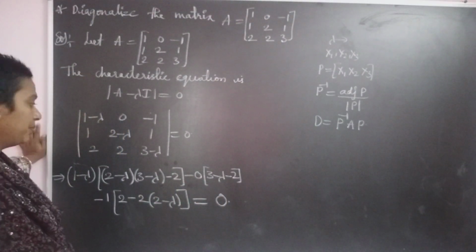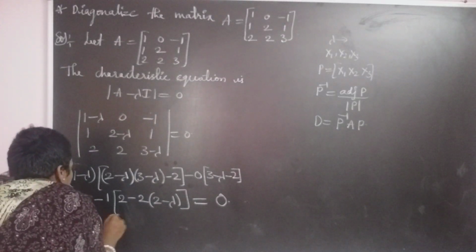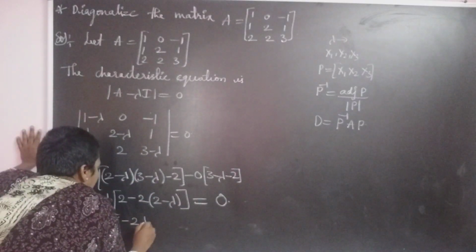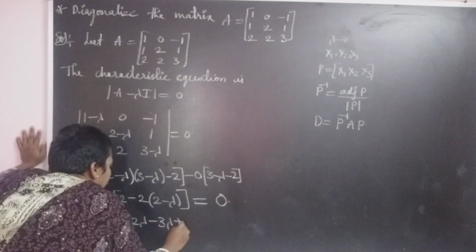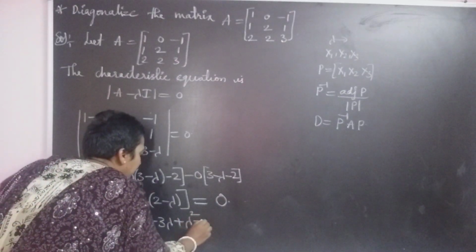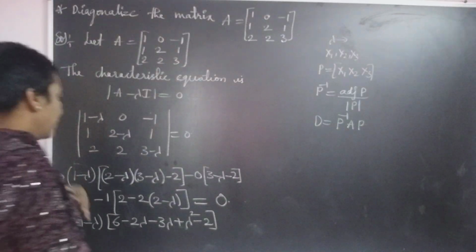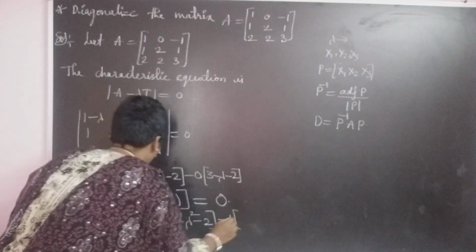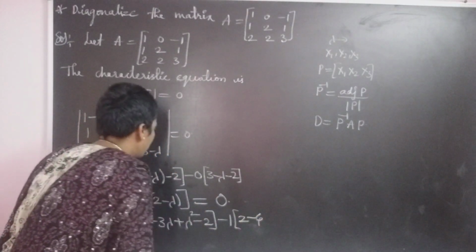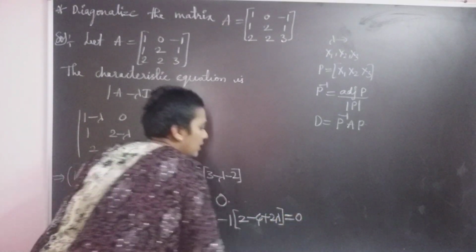Now we simplify. Here 1 minus lambda multiplies these two: 2 threes are 6 minus 2 lambda minus 3 lambda plus lambda square, minus 2. Minus 0 into something is 0. Minus 1 into 2 minus 2 into 2 minus lambda, that is 2 minus 4 plus 2 lambda, equal to 0.